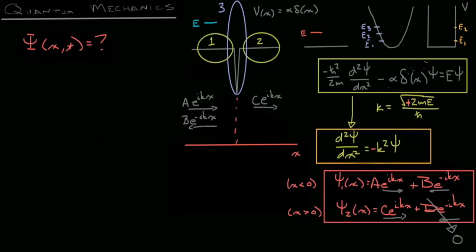So to recap, we have some sort of wave coming in from the left, which we can express mathematically. From there, something happens around the delta function well, and we have some of that wave continuing through, some of the wave reflecting back.